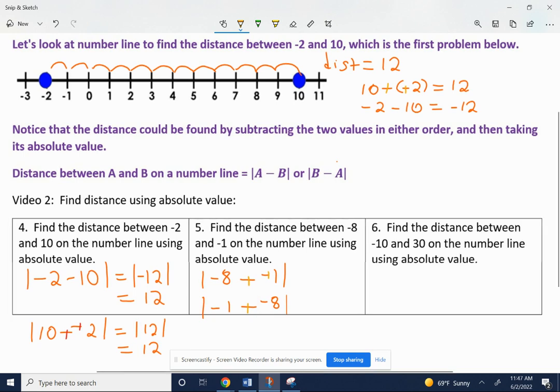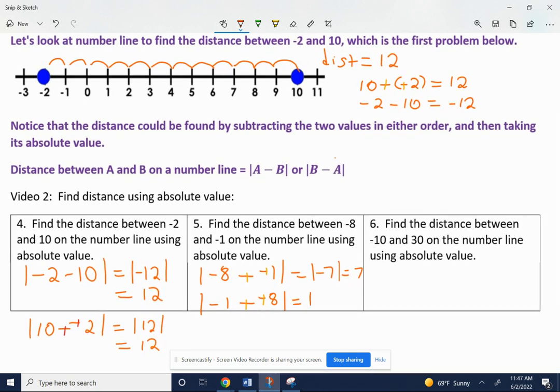Make that plus a positive. The absolute value of -8 plus 1 is the absolute value of -7. That equals 7. The absolute value of -1 plus 8 would be the absolute value of +7, which is also 7. So there's the two ways you could find the distance with this little trick.